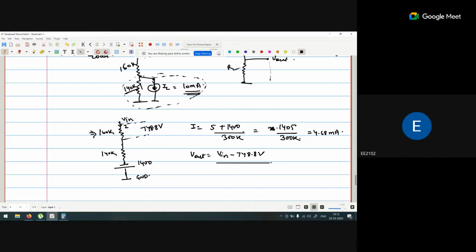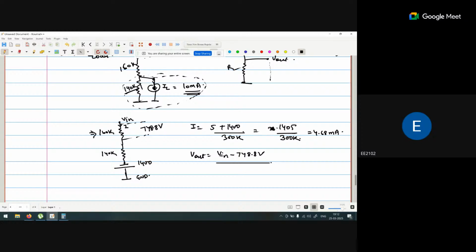After that, we realize that if some amount of current flows through the load, it may be possible that the dropout voltage is not constant.